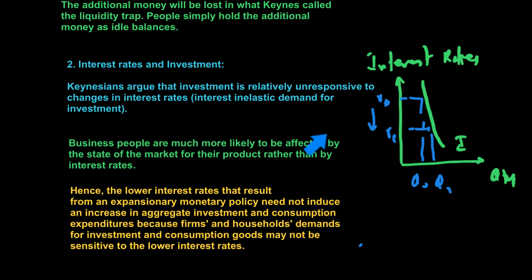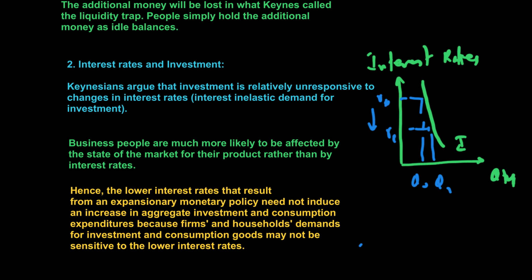So Keynesians argue that investment is unresponsive to changes in interest rates. Even though your interest rate may fall, people will not consume more and firms will not invest more, because other factors like consumer and business confidence are more important.